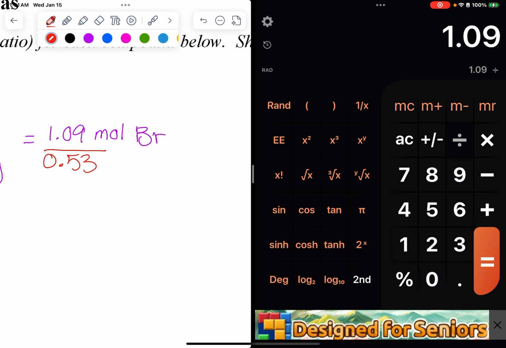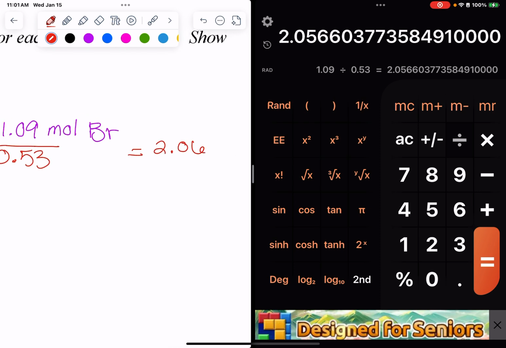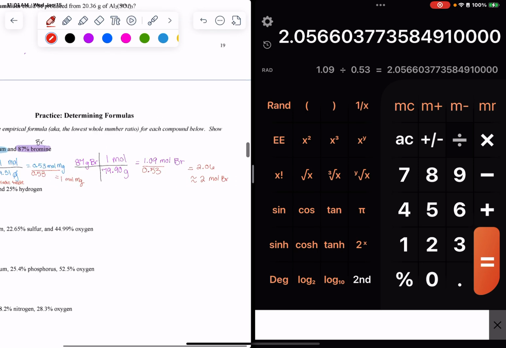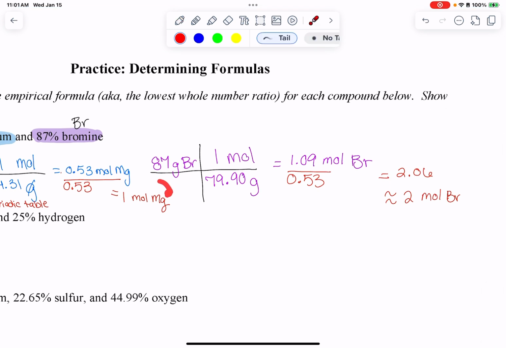That gives us 2.06. And we're just going to round that to the nearest whole number of 2 moles of bromine. The reason I round this is because now I can see that for every 1 mole of magnesium, I get 2 moles of bromine.